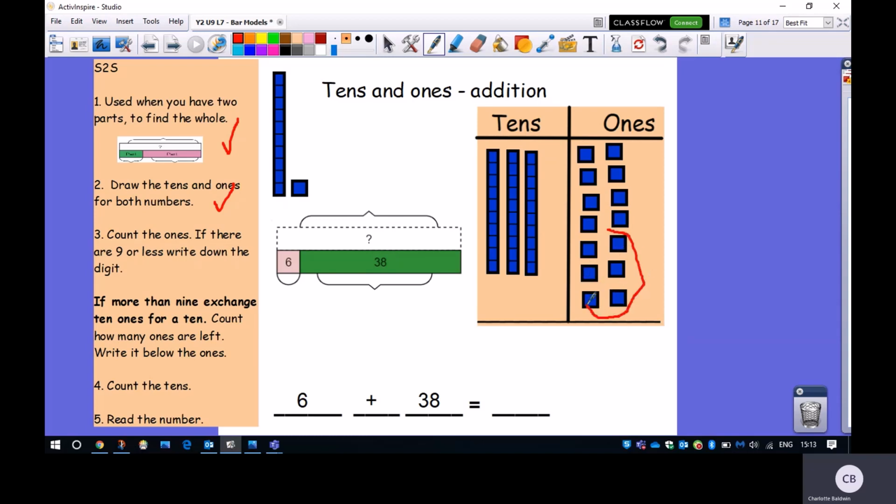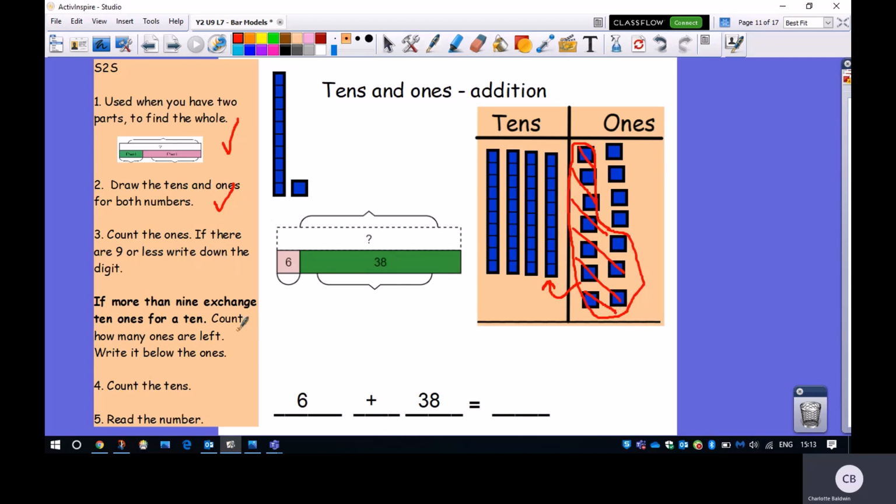Yeah, definitely got 10. And I'm going to move those 10 and cross them out and add in the 10. So these 10 ones that were in the ones column have been crossed out and replaced by 1 ten, which is worth exactly the same, into the tens column.